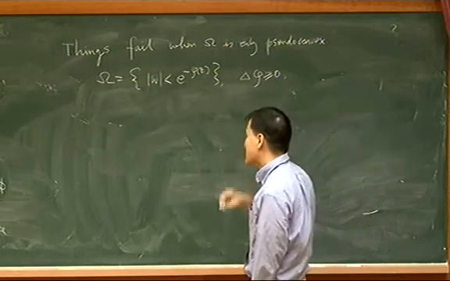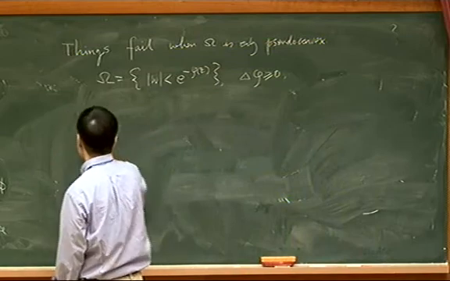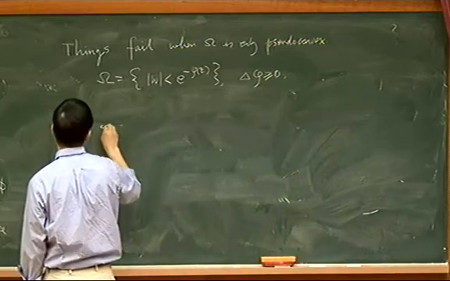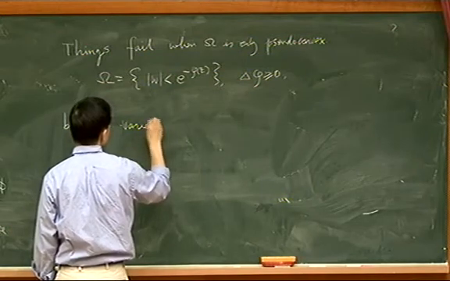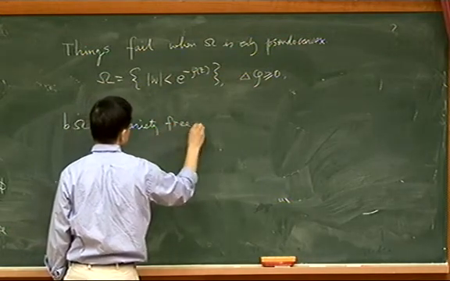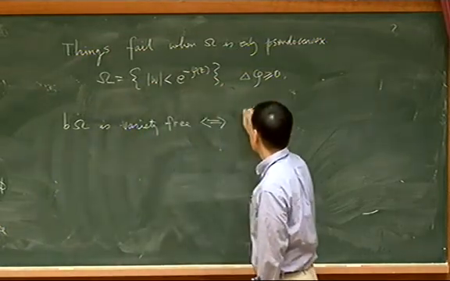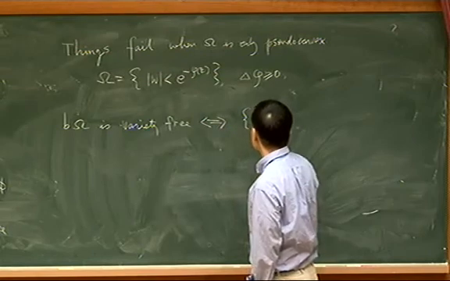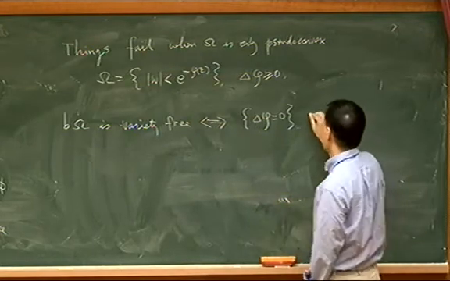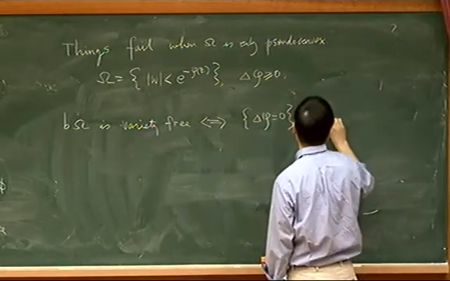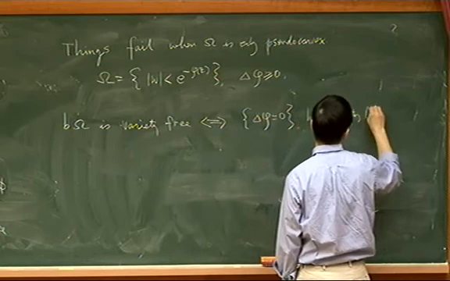Now, the boundary is variety free. It contains no complex variety. One easily sees that this is the same as saying that the zero set of the Laplacian has empty Euclidean topology.